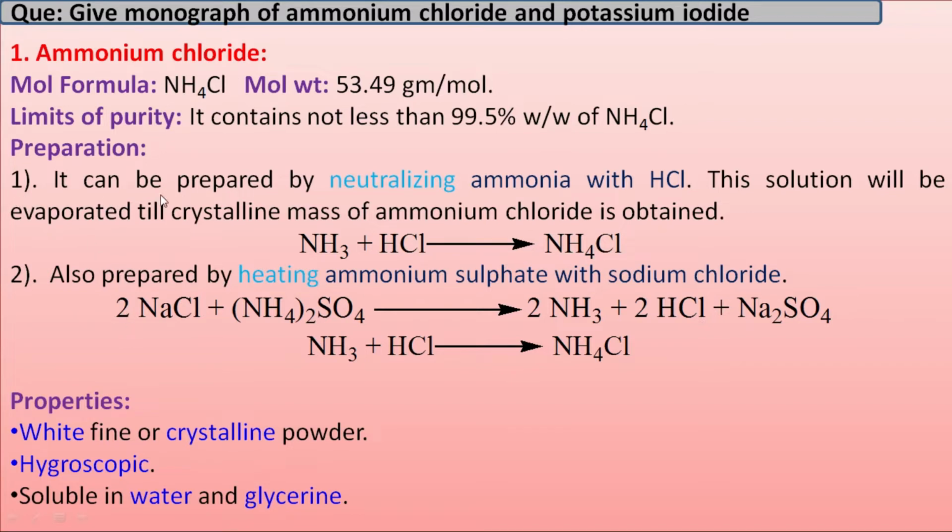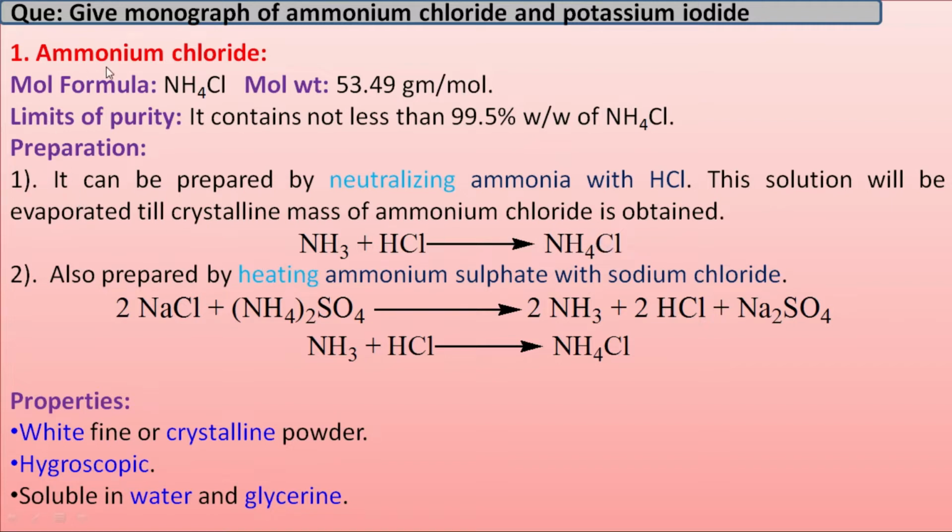First, it can be prepared by neutralizing ammonia with hydrochloric acid, and whatever solution we get will be evaporated, so that we will get a crystalline mass of ammonium chloride. This is the first method.